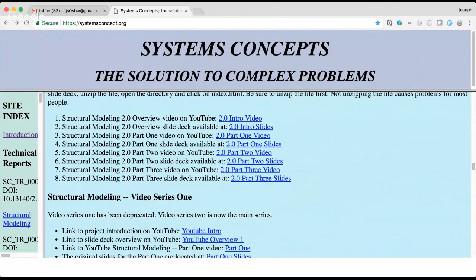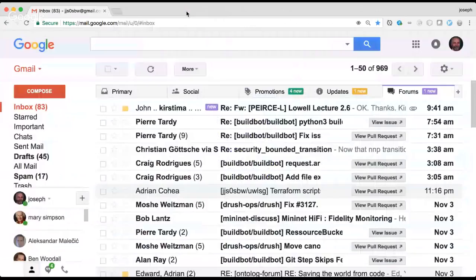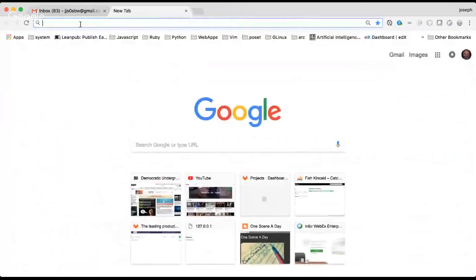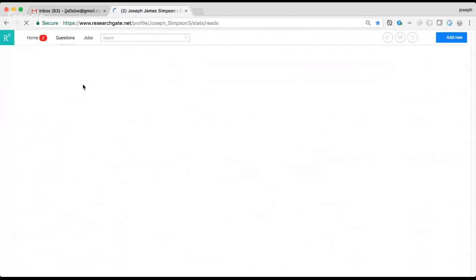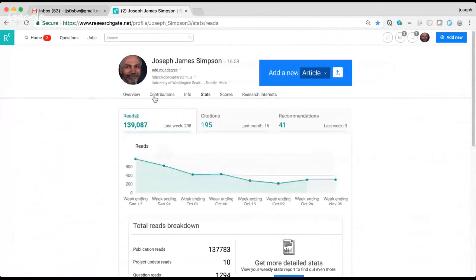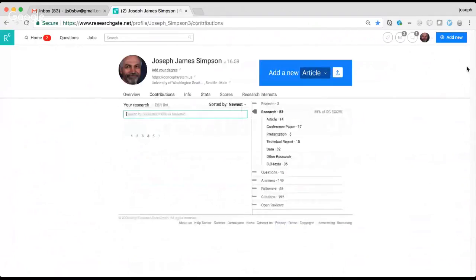I think there is. I'm just trying to think of the best way to look at that. I'm going to say probably we're going to go to ResearchGate. And let's see. Attributions.